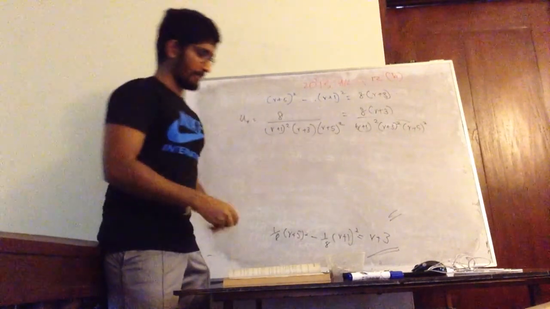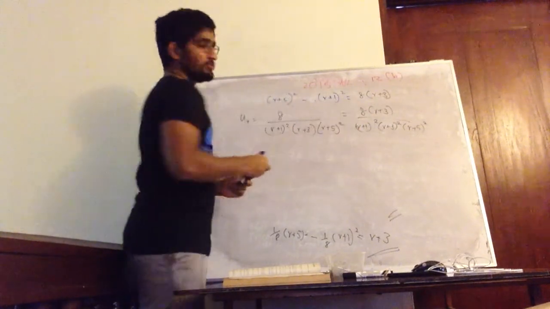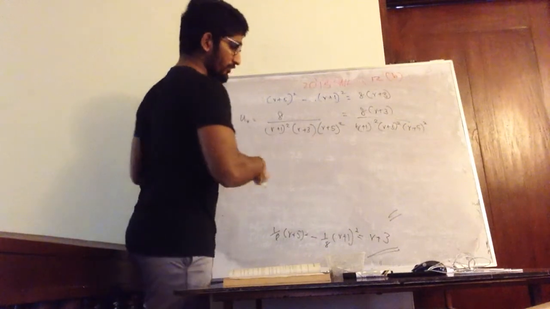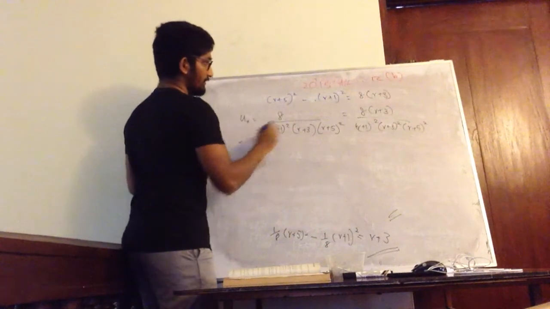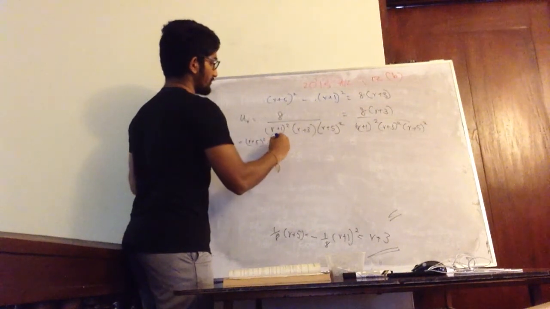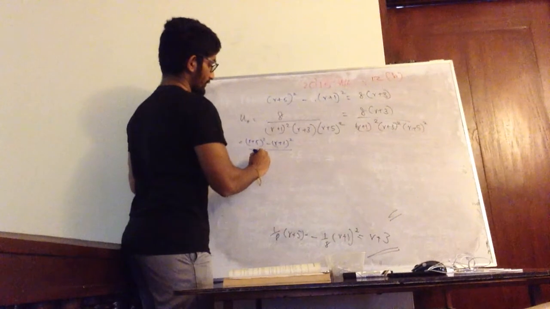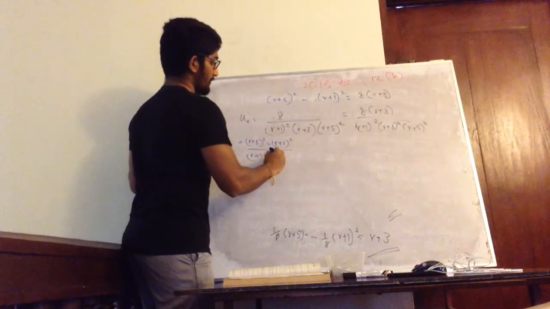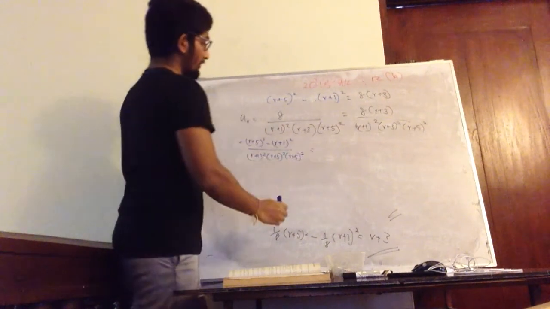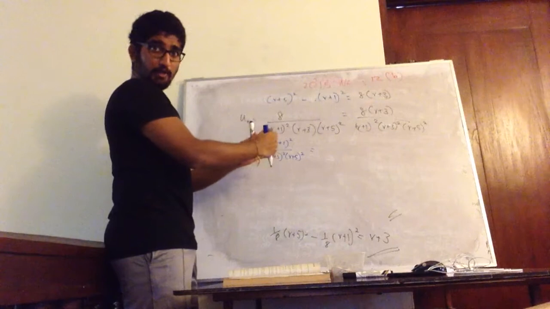Then I can write this part as (r + 5)² minus (r + 1)² over (r + 1)²(r + 3)²(r + 5)².